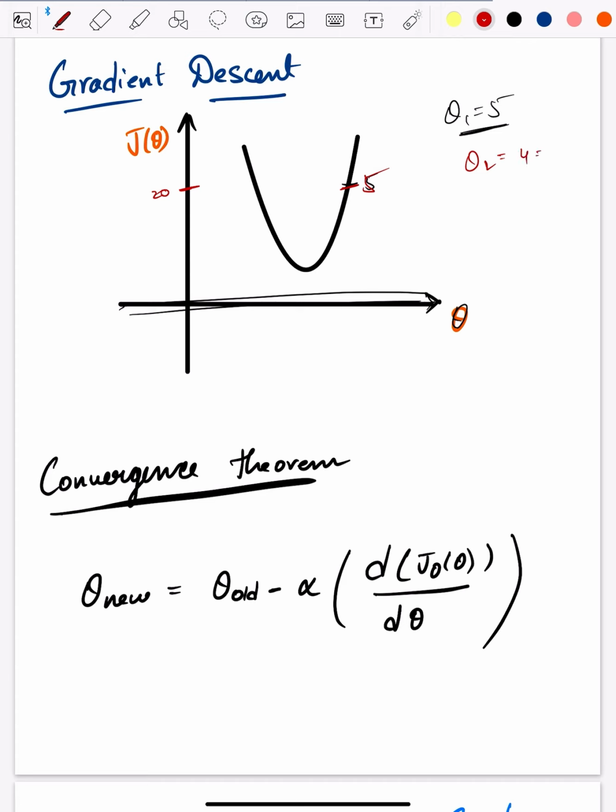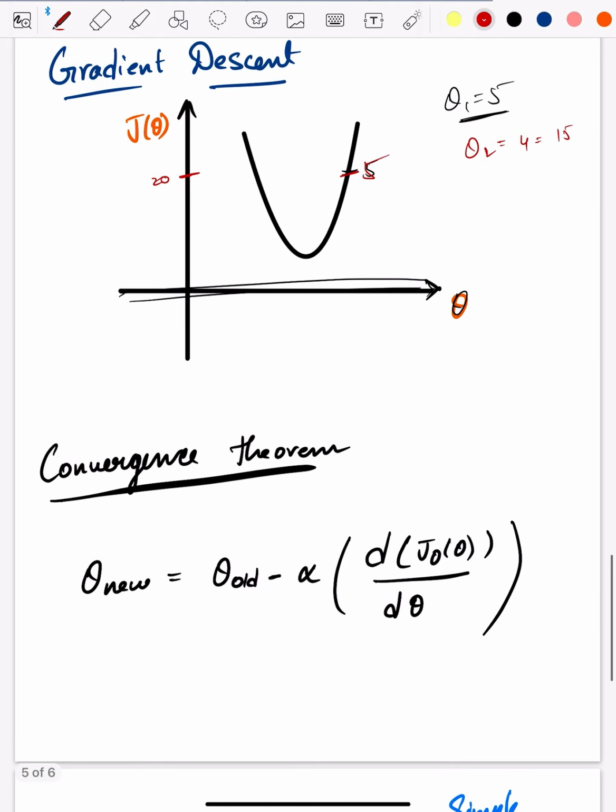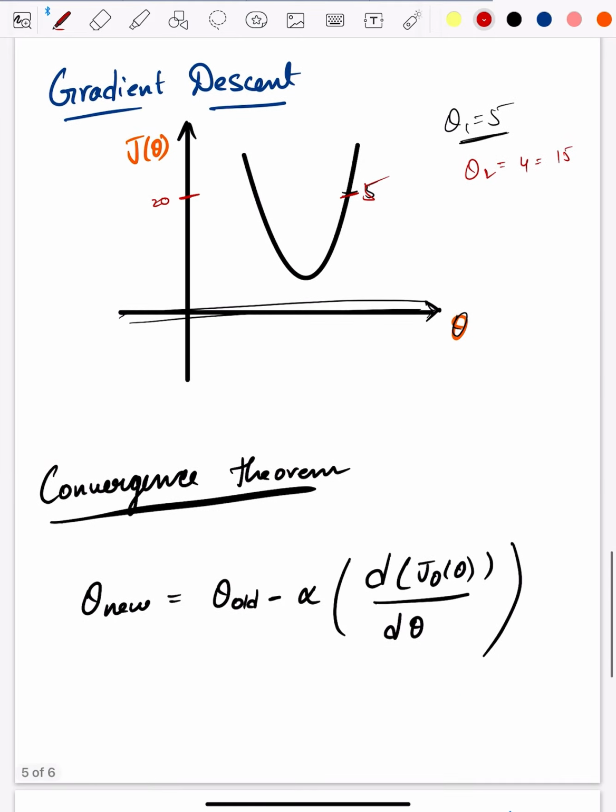Okay, so what you're going to do is try to find somewhere down, theta 2 is equal to 4, then you'll get somewhere around 15, something like that. You'll plot that function, so every time it comes in this curved shape. So your objective is to come down and go to this position.